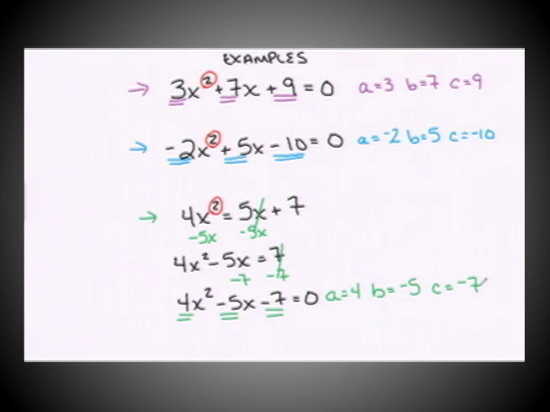Notice that all of these are equal to 0, and it may not seem important with just looking at the quadratic equation as to why it has to equal 0, but we'll find out in the next video why it's so important that we rearrange these terms to equal 0.